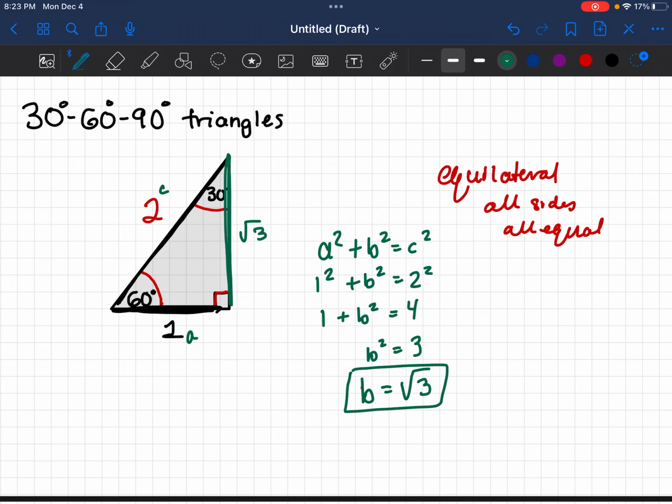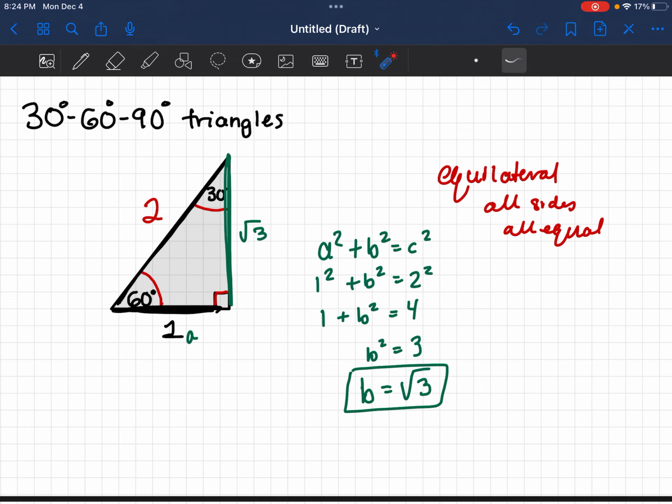And we can use this original reference triangle here to actually find any missing side in a triangle that has a 30, a 60, and a 90 degree angle, because I know that all other 30, 60, 90 triangles will be similar to this, and so they must have the same scale factor.